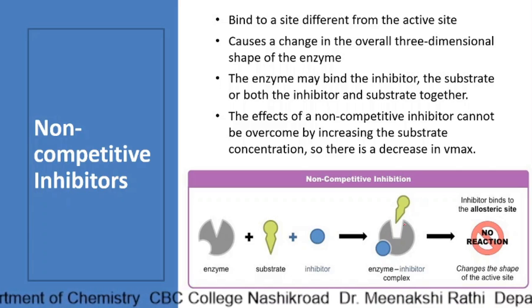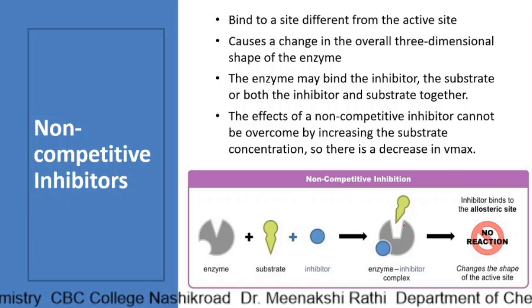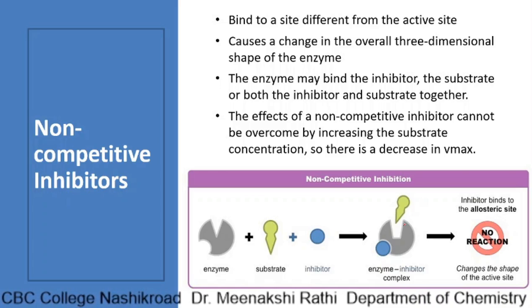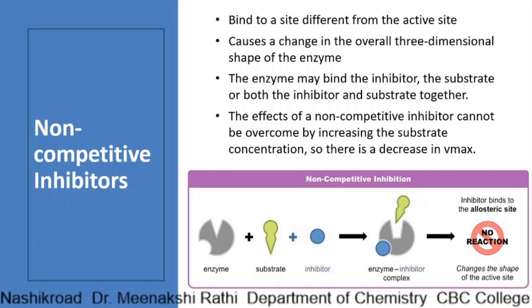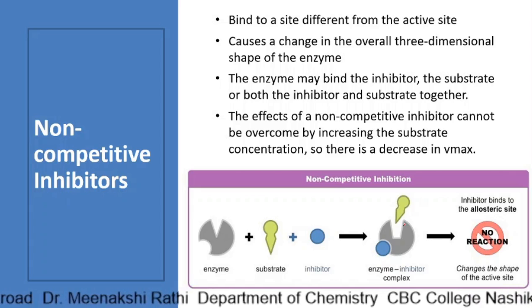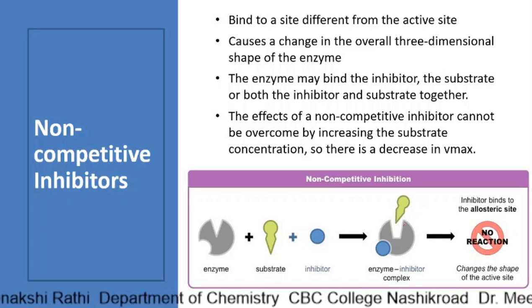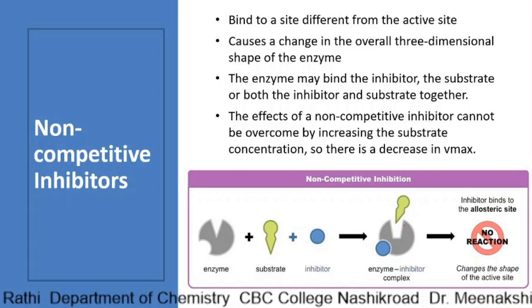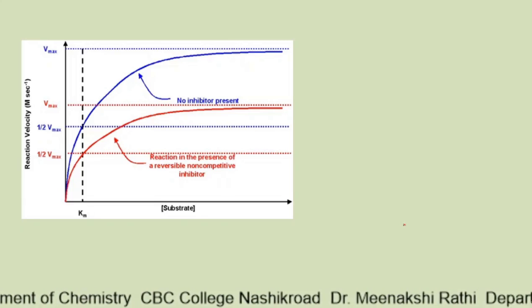So if the substrate concentration is increased here, it has no effect. So the effect of a non-competitive inhibitor cannot be overcome by increasing the substrate concentration, and hence there is a decrease in Vmax.